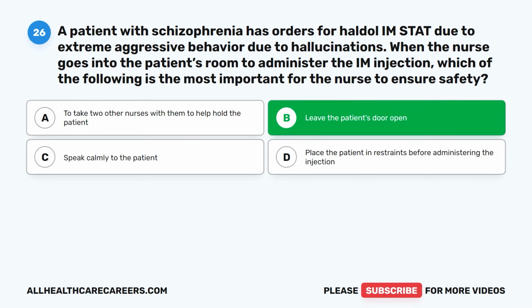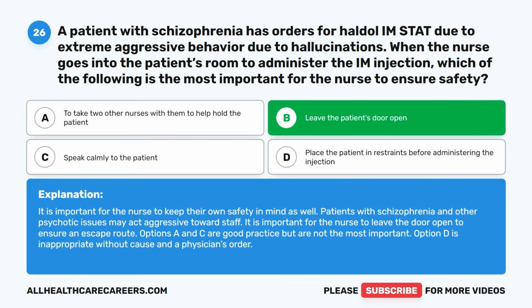The correct answer is B. Leave the patient's door open. It is important for the nurse to keep their own safety in mind as well. Patients with schizophrenia and other psychotic issues may act aggressive toward staff. It is important for the nurse to leave the door open to ensure an escape route. Options A and C are good practice but are not the most important. Option D is inappropriate without cause and a physician's order.